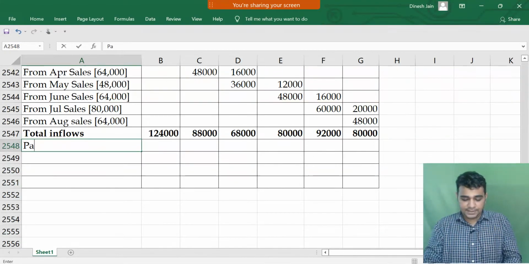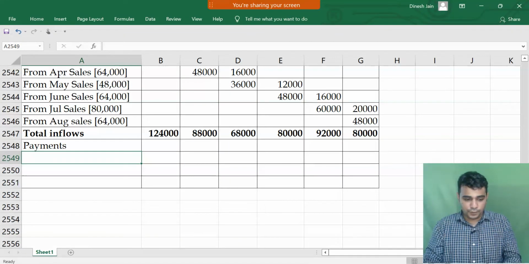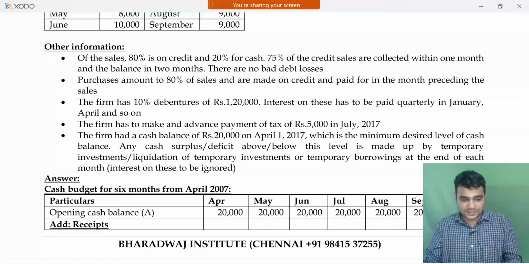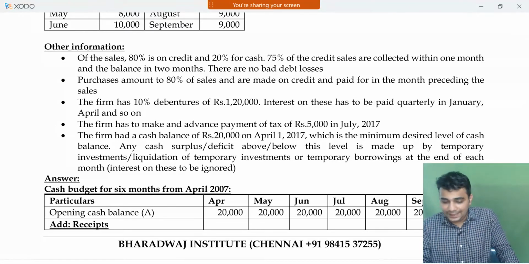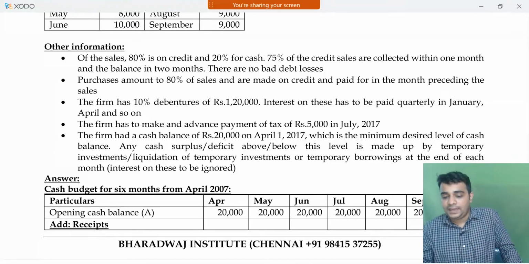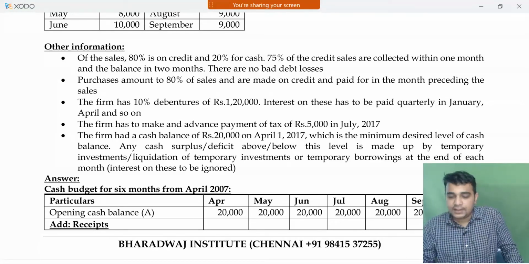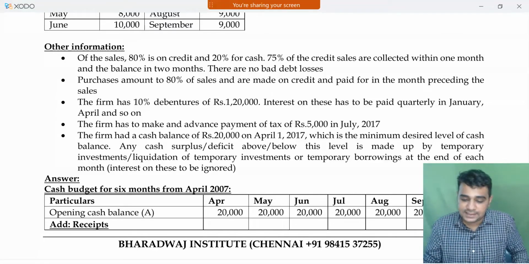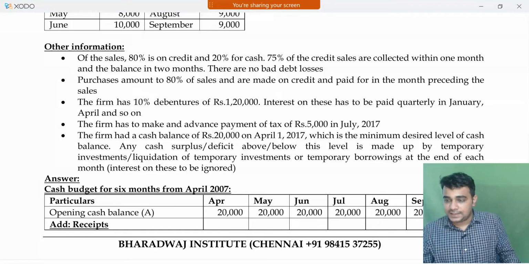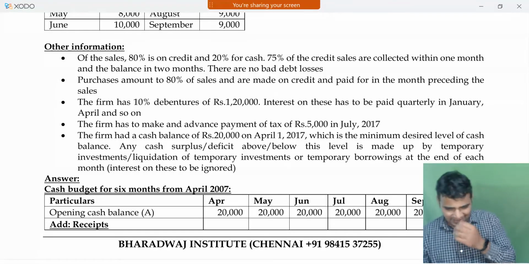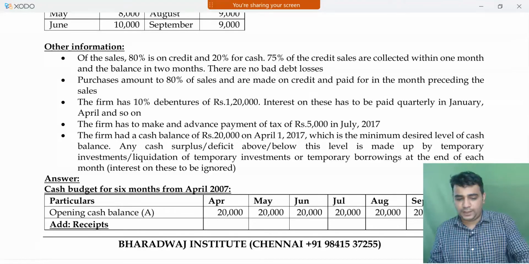In the outflows, the first item is purchases. 80% of sales are made on credit and paid for in the month preceding the sales. Now, it is slightly tricky. The part is not very clearly mentioned here.